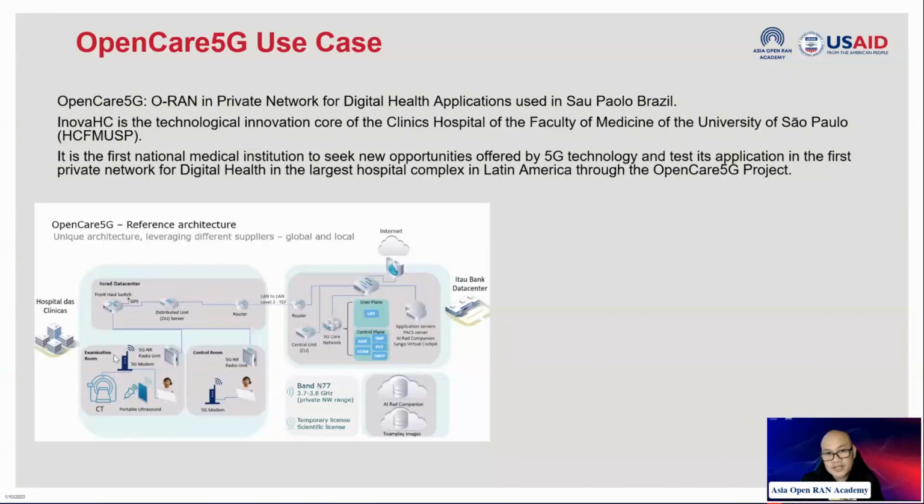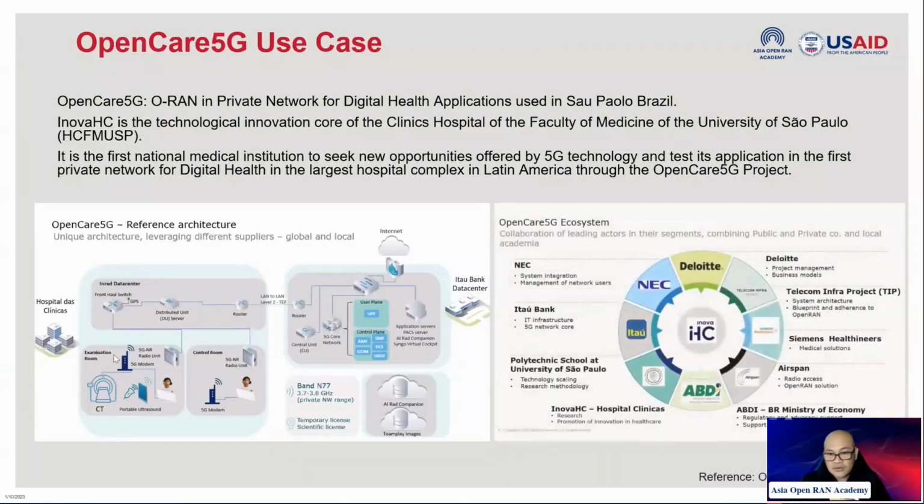It was coordinated by Deloitte with the participation of the Escola Politecnica, the USP, or the School of Engineering, University of Sao Paulo in Brazil. And it's a combination of Airspan, Itaú Bank with Cisco and Dell and HP equipment, using the infrastructure of its data center.